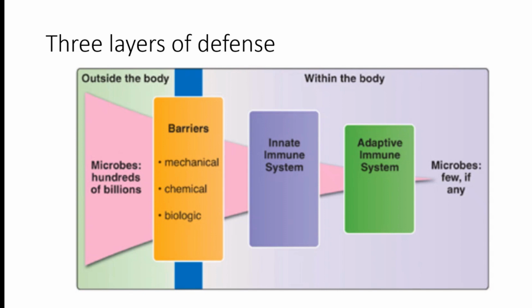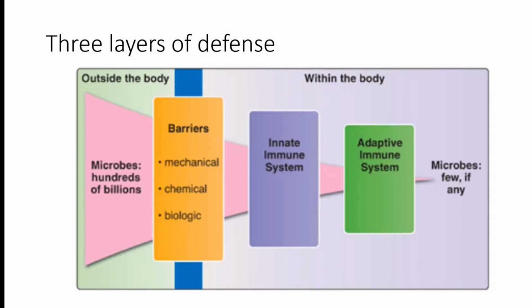The first line of defense is any kind of barrier, be it skin, or some chemicals that the human body produces to retard the growth of a potential pathogen, or the fact that we actually have living in and on us some bacteria that are not pathogenic. They're biological organisms that reside in and on us that are actually protective to us.